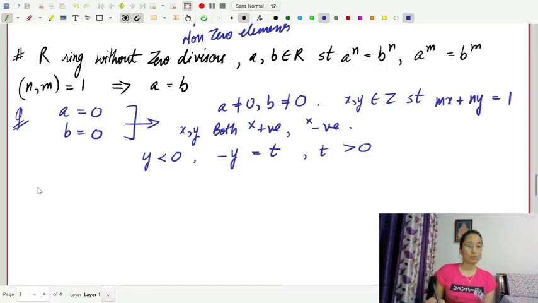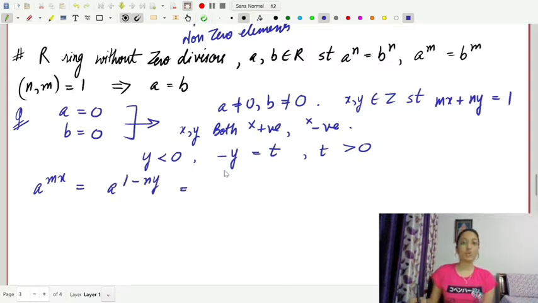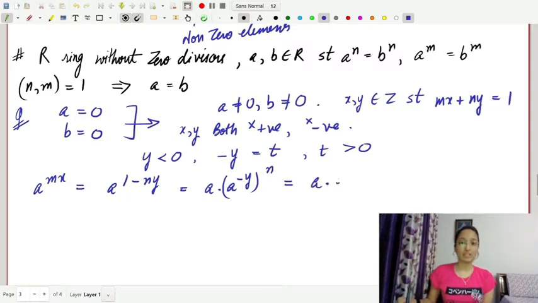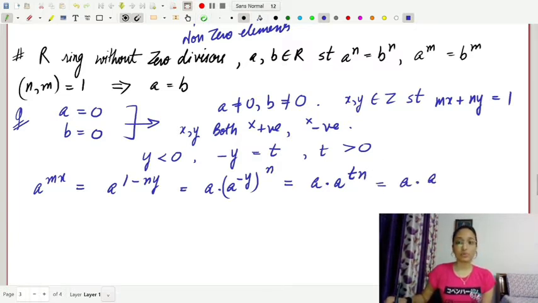So a raised to power mx is equal to a raised to power 1 minus ny, which in turn implies a into a raised to power minus y raised to power n, which in turn implies a into a raised to power n, whole raised to power t.